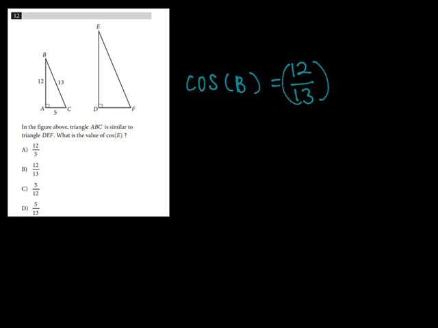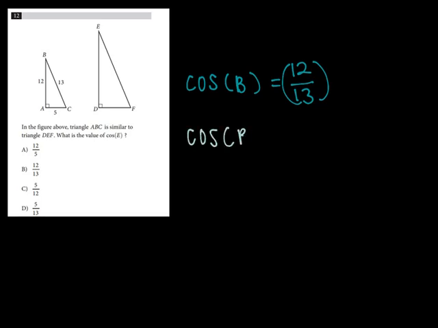And here we know that both of the triangles are similar, so we don't know the lengths of DEF. However, the angles would be the same as those of ABC. That would also mean that the cosines are the same.